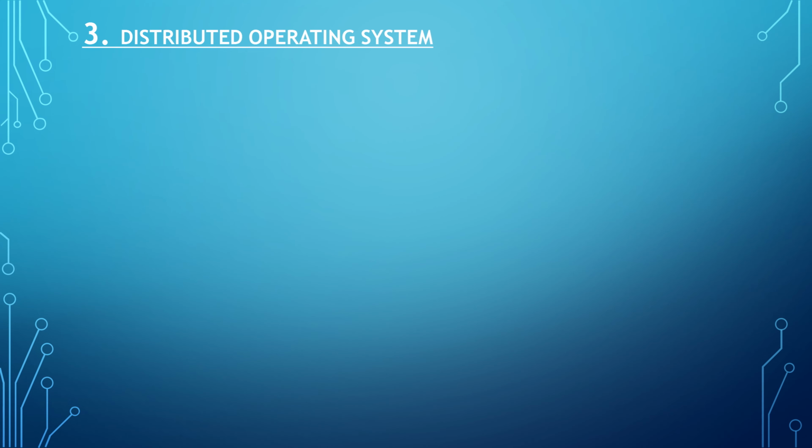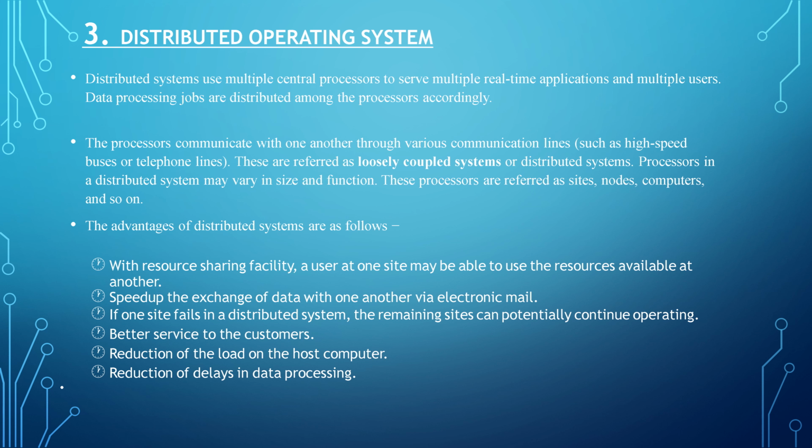Number 3 type of operating system, we have distributed operating system. Distributed systems use multiple central processors to serve multiple real-time applications and multiple users. Data processing jobs are distributed among the processors accordingly.